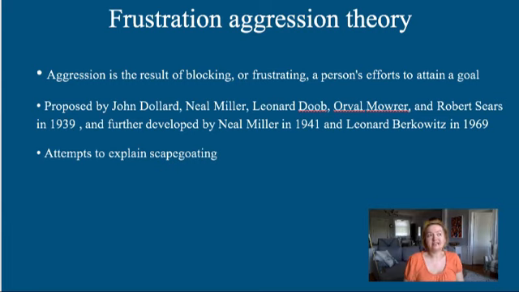It can also be used to explain riots and revolution, as well as violence directed at minorities. When aggression cannot be directed against the sources that are causing pain and suffering and frustration to an individual or to a group, then people look for a scapegoat, somebody else to blame.